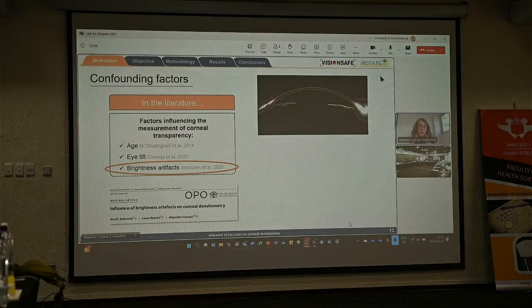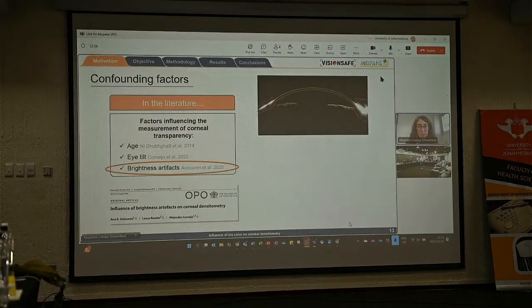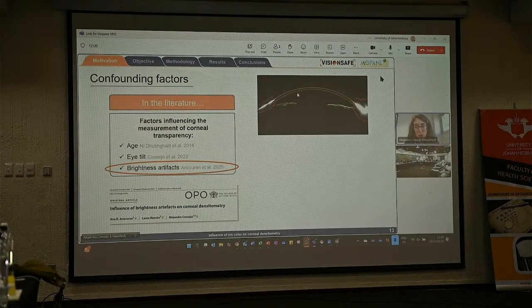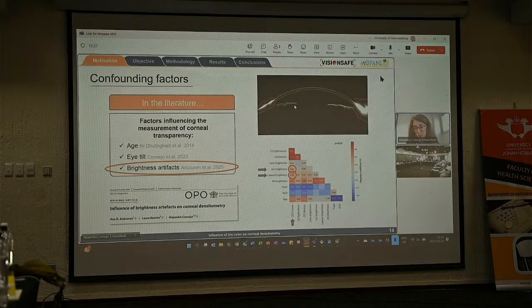Okay, so here you have a typical Scheimpflug image. In yellow, you have the cornea. In red, we have these outer reflections that come from the sclera, mostly from the corneoscleral transition. And here in red, we have segmented the iris reflections.